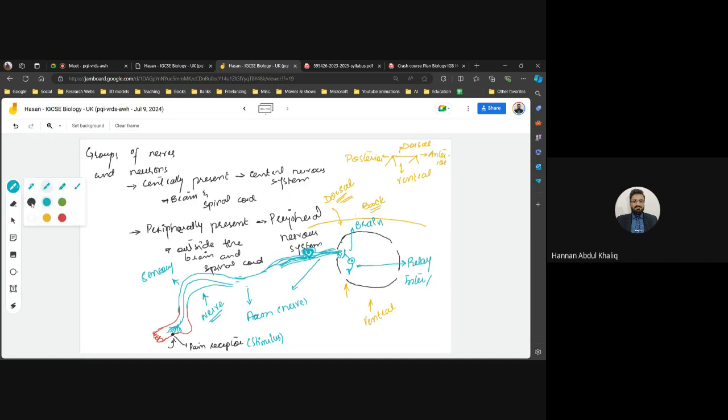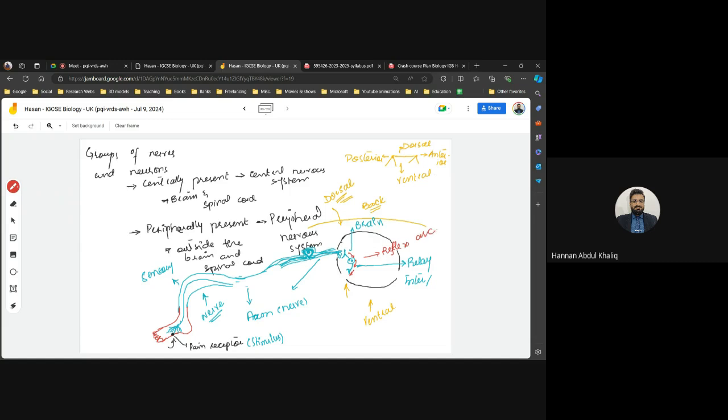And sometimes, when the stimulus is being transported towards the brain, it is also returned back. This phenomenon is called your reflex action. This particular thing is called the reflex arc.